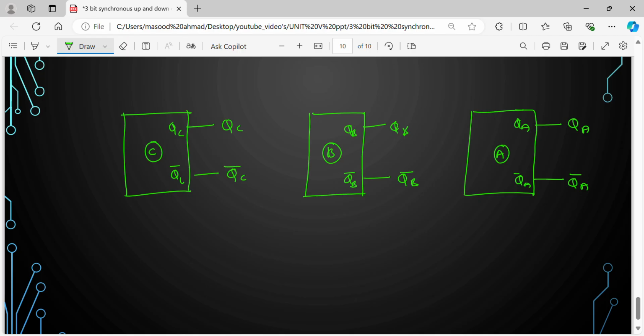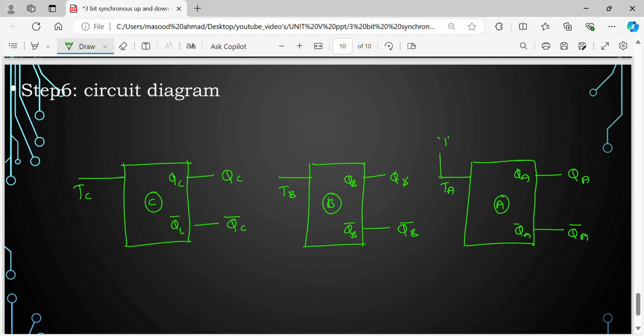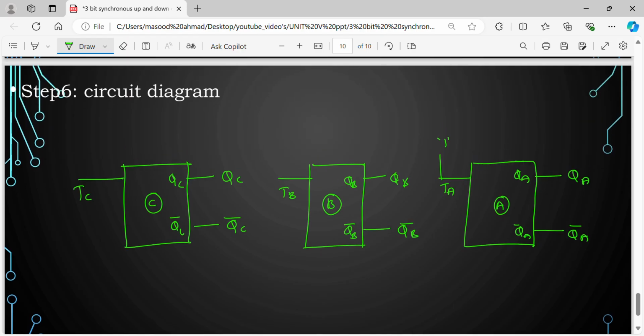Once this is done, now I will take the inputs. This is TC, we'll have TB, and we'll have TA. What we know is for TA, it is always 1, so I'll connect it to 1. TB we are going to connect through some processing.